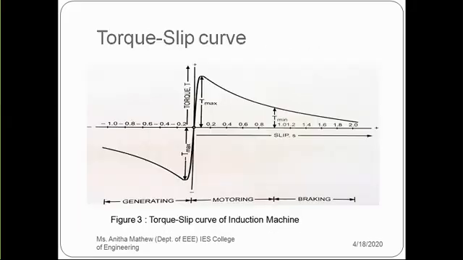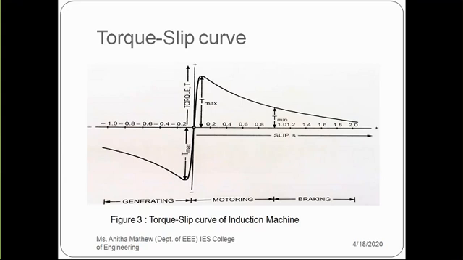This is the torque slip curve of this induction machine. Here you can see for the negative slip, it has a generating mode of action, and in the positive slip, motoring action, and after slip equal to 1, braking action will happen.